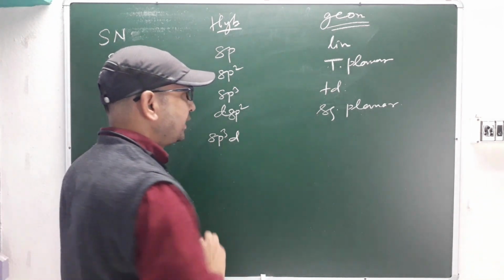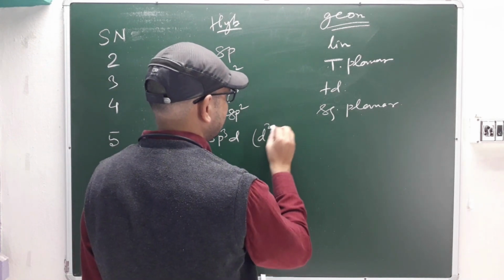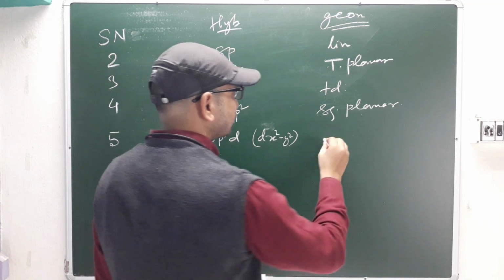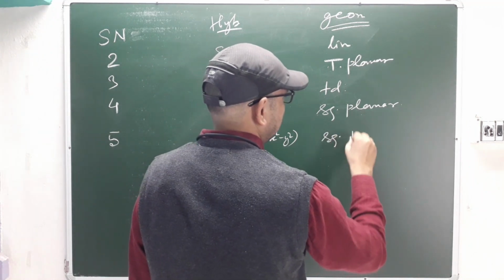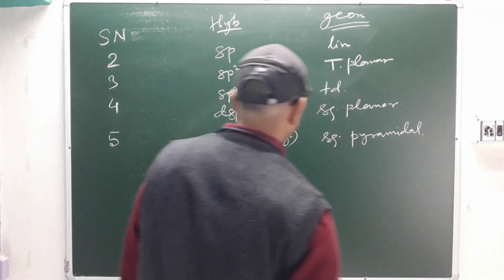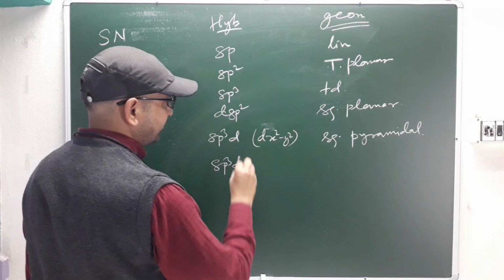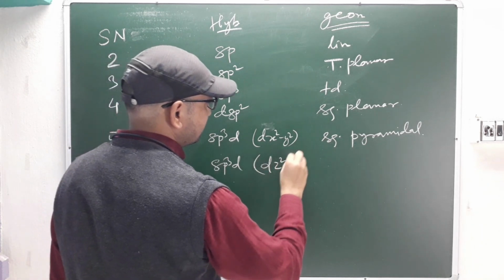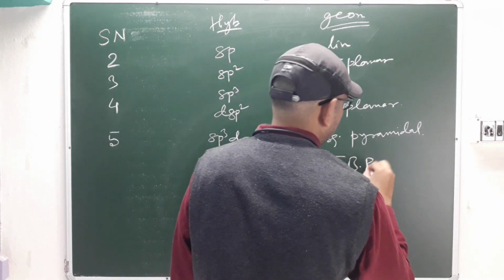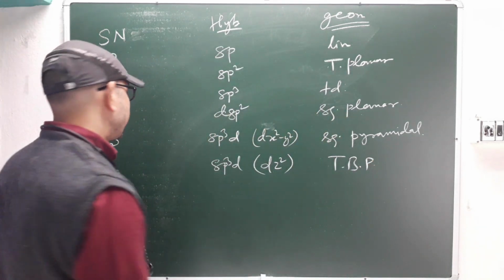If the d is dx2-y2 participating, then it will be square pyramidal. If the d in this sp3d is dz2 participating, then it will be trigonal bipyramidal, correct?